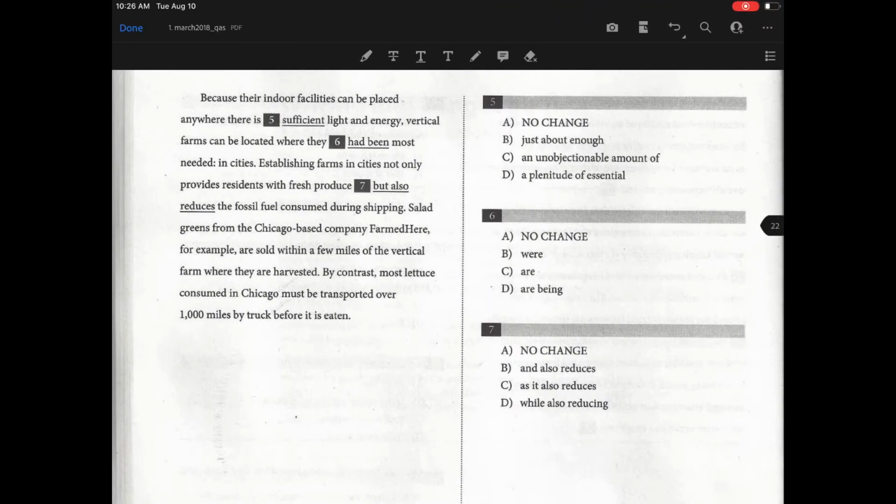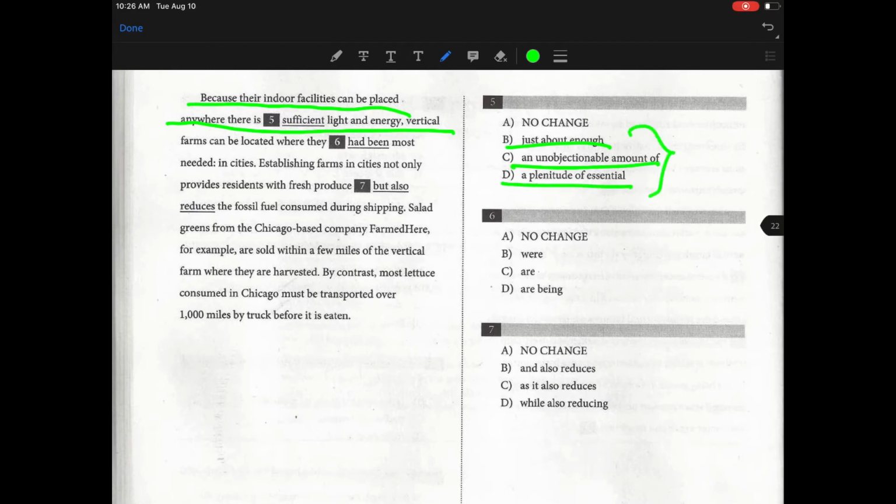All right, so I'm moving to the other questions in this section. And now I have question 5. Because their indoor facilities can be placed anywhere there is sufficient light and energy. Now, this option that I already have, just one word, sufficient, is fine. But let me look at the other options and see what they have. Just about enough, an unobjectionable amount of, a plenitude of essential.